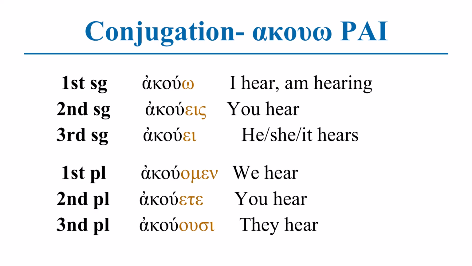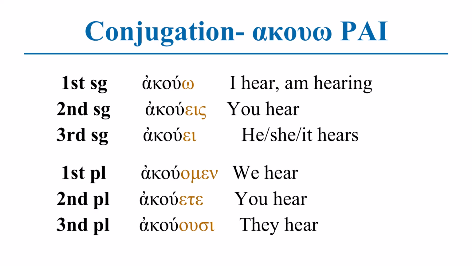And the translations are, in the first person you have I hear, or you can translate it to mean I am hearing. Both are the present tense. Second person you have akues, meaning you hear or you are hearing. Third person singular you have akuei, meaning he or she or it is hearing or he or she or it hears.